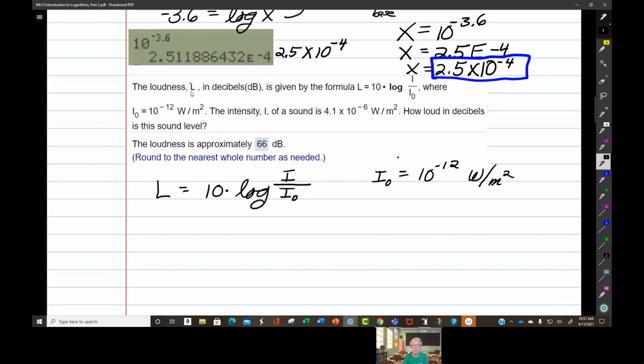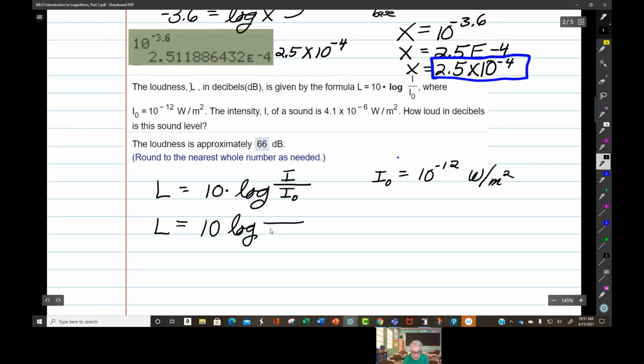Well, L is the number of decibels. So what we are going to do here is, if we're looking for L, we'll have 10 times the log.